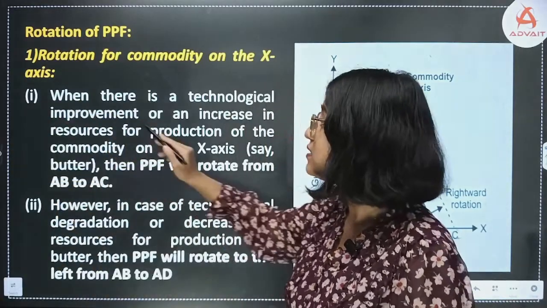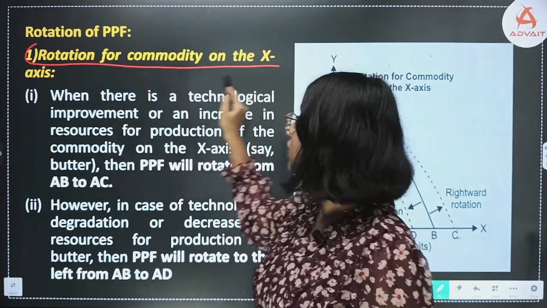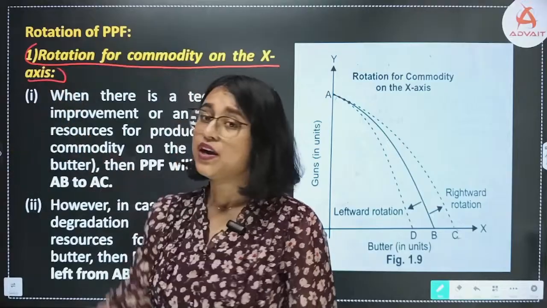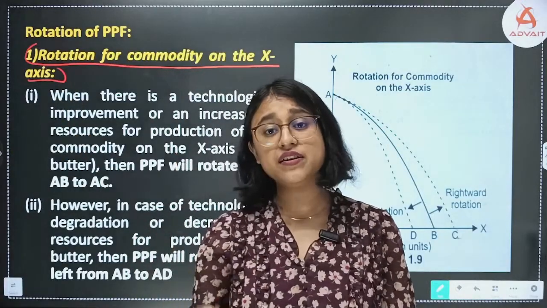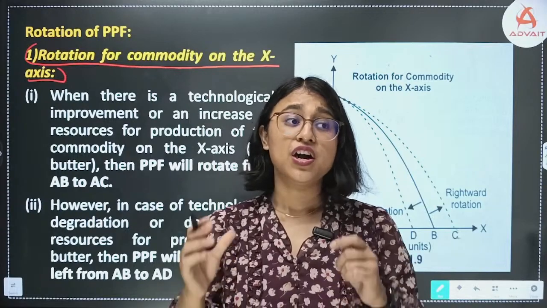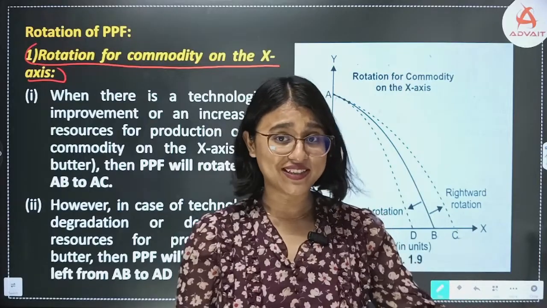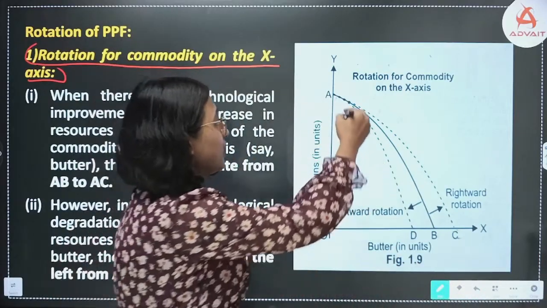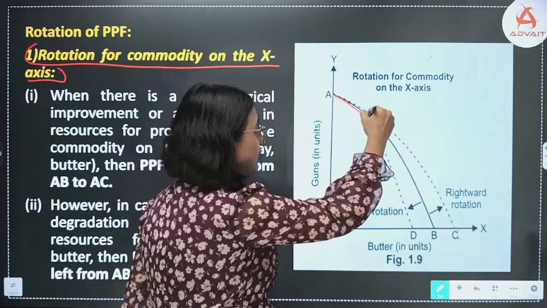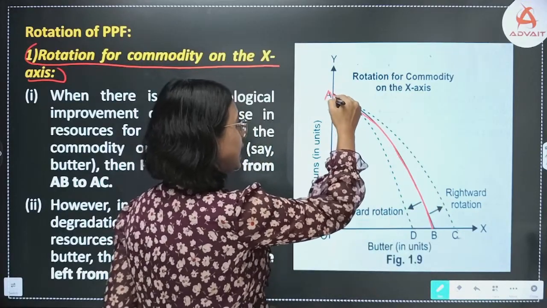Let us understand first rotation for commodity on x-axis. Etia rotation hoise because there is increase or decrease in productive capacity with respect to the good that we are taking on the x-axis. Suppose let us suppose that the PPC the economy is operating in is AB.